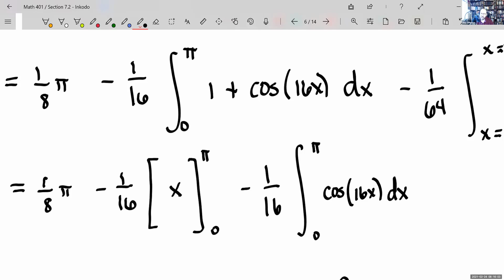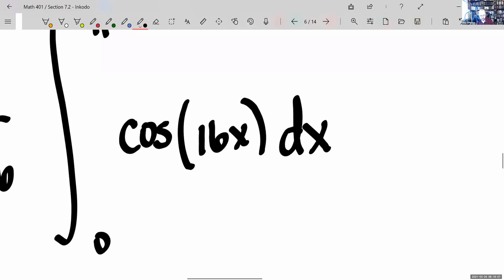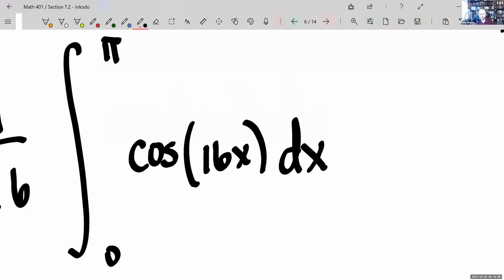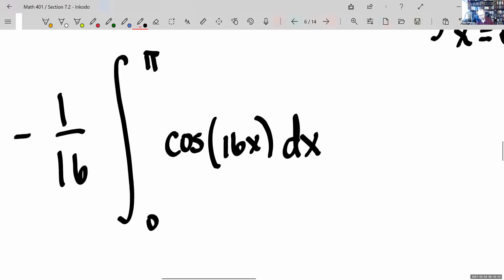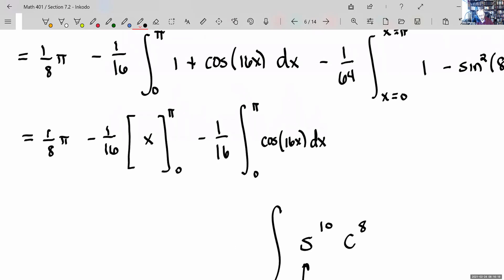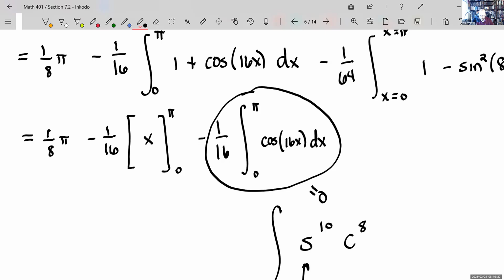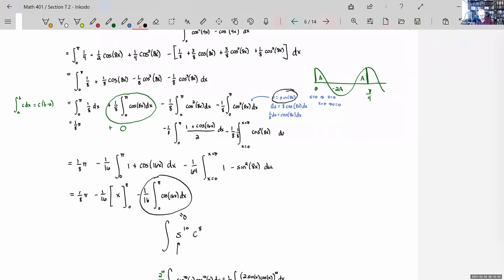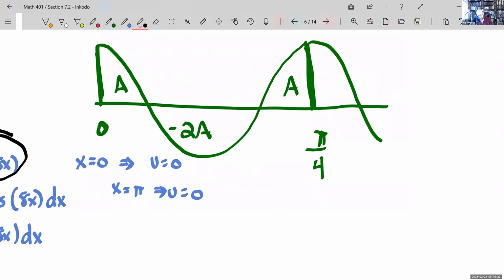It goes through 16 cycles from 0 to 2 pi. So it goes through 8 cycles from 0 to pi. And remember, each full cycle, the area is 0. It goes 8 cycles, so it's 8 sets of zeros. That is all 0. Or you can evaluate it if you want, but I happen to know from just the geometry of the situation that this here is going to equal 0. Again, because the cosine, just from our picture up here, every full cycle it goes through, the area will zero out.